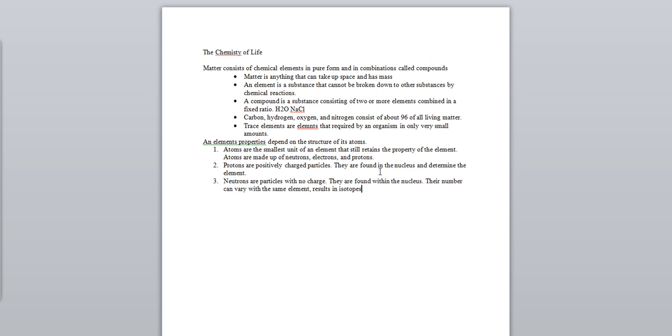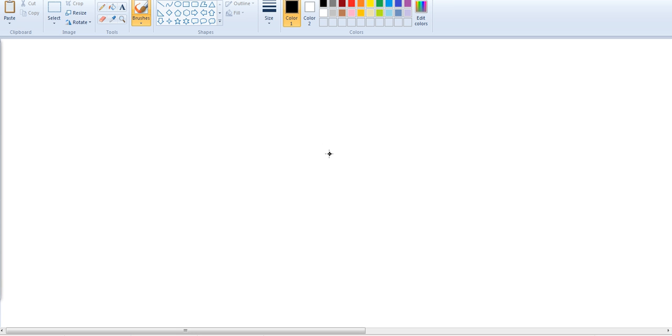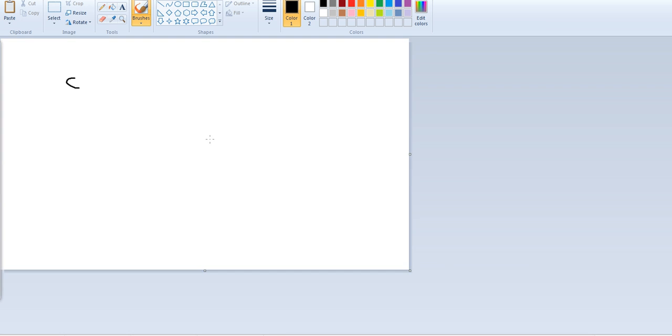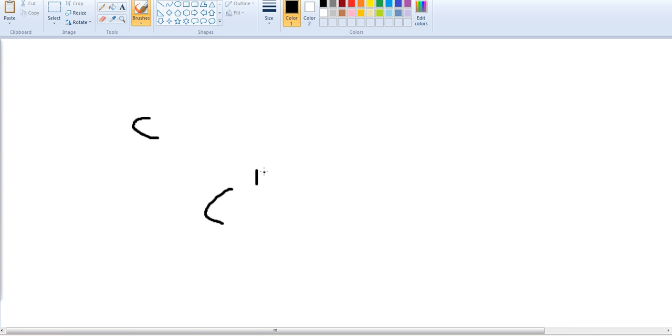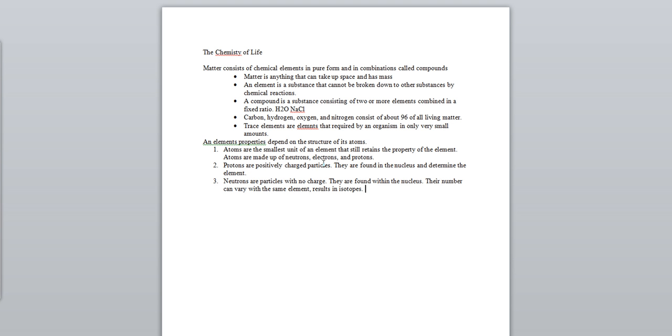For example, if we had carbon-12 and carbon-14, it is the same proton number, but there's a different neutron number, and that's what causes an isotope, where the neutron configuration is different.